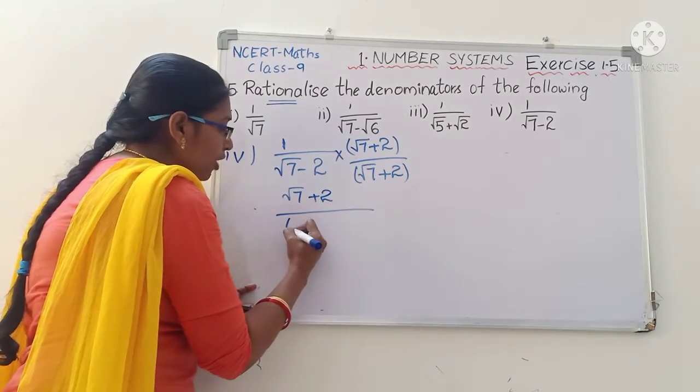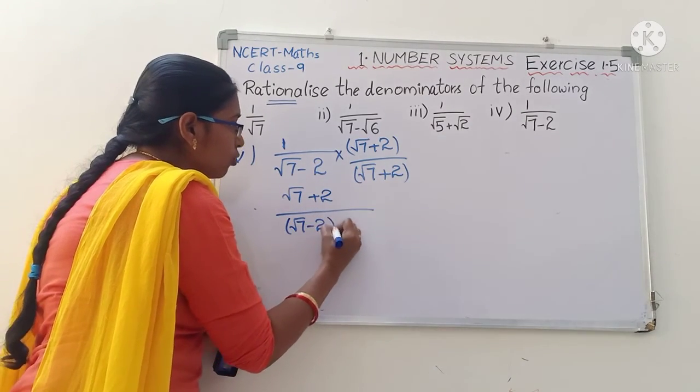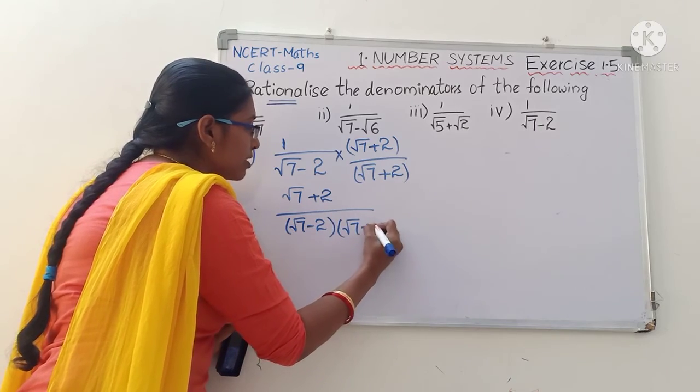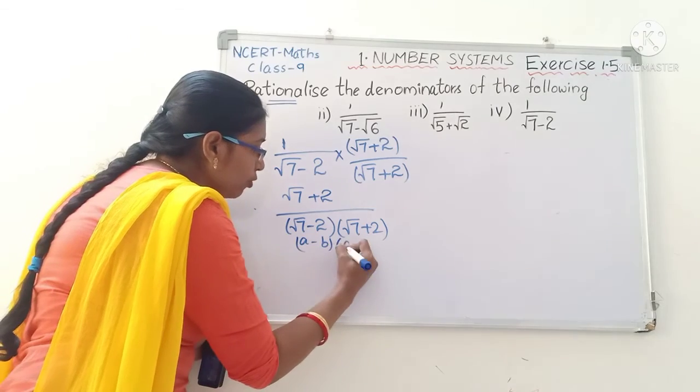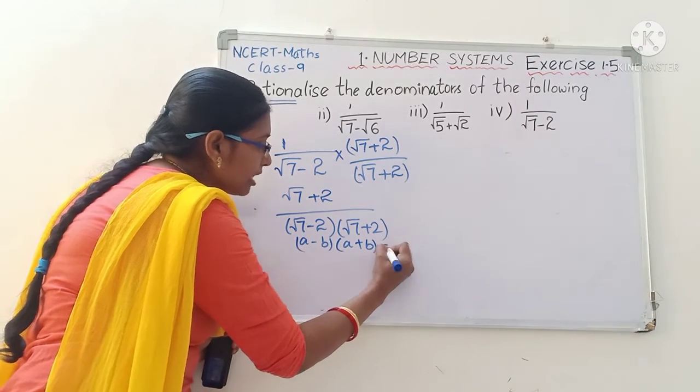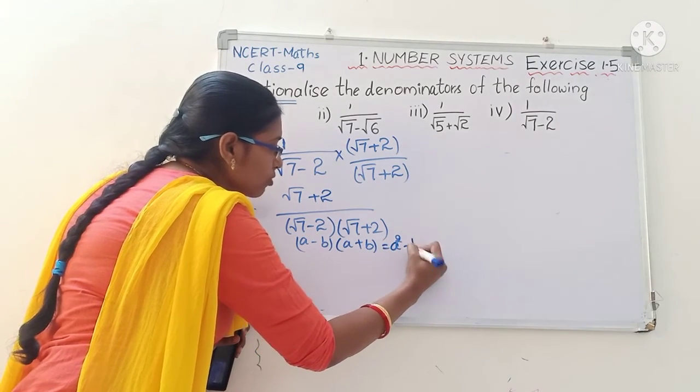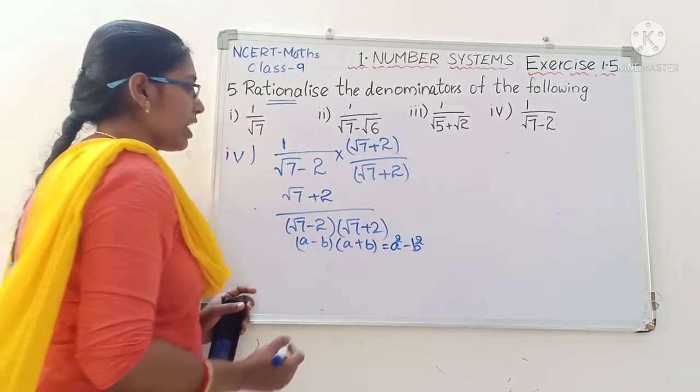Now if you observe, what will you have? Root 7 minus 2 into root 7 plus 2. How is this? It is in the form of A minus B into A plus B. What do you get? A square minus B square.